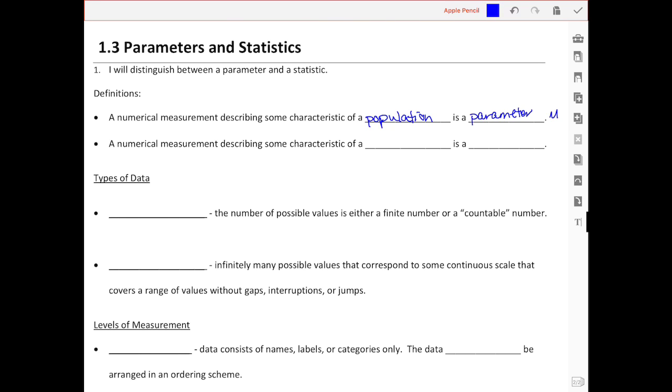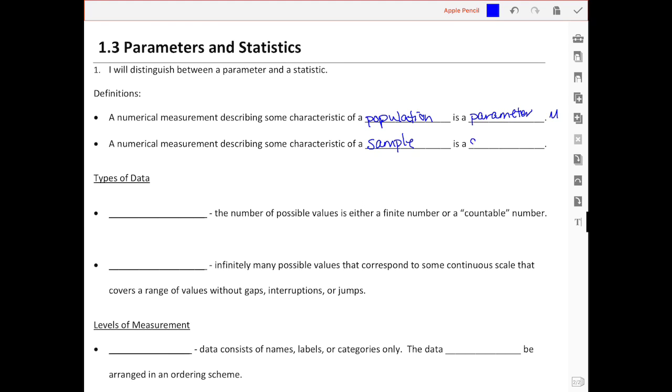A statistic is a numerical measurement describing some characteristic of a sample, which remember again is when we are just representing part of the population. Like if I wanted to get a survey of all statistics students, if I did both 4th and 6th periods, then I would have the entire population. But if I just had from this particular class, then we would have a sample.